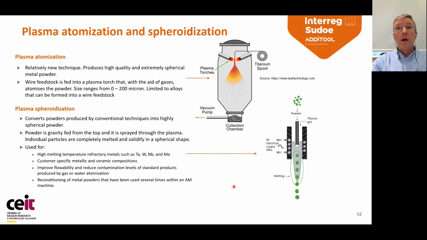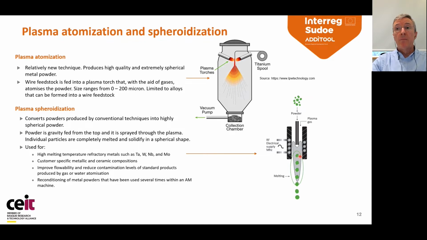And there's also another very interesting technique, which is plasma spheroidization, which converts powders into highly spherical powder. So let's say you have a raw material that is irregular powder. You can force it through a tube, and then it joins with a plasma torch.